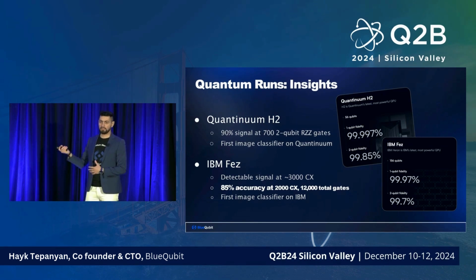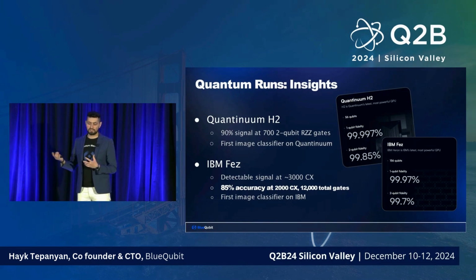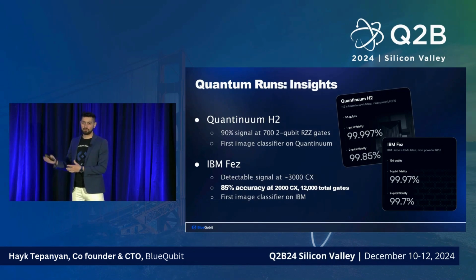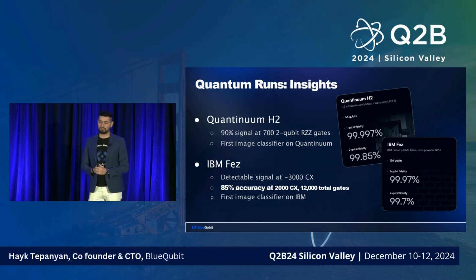Specifically for Quantinuum H2, we got around 90% signal at 700 2-qubit gates, and for IBM Fez, we got 85% accuracy on our test data with 2,000 2-qubit gates and a total of 12,000 gates. We also had detectable signal around 3,000 2-qubit gates, which agrees with the results that IBM publishes.